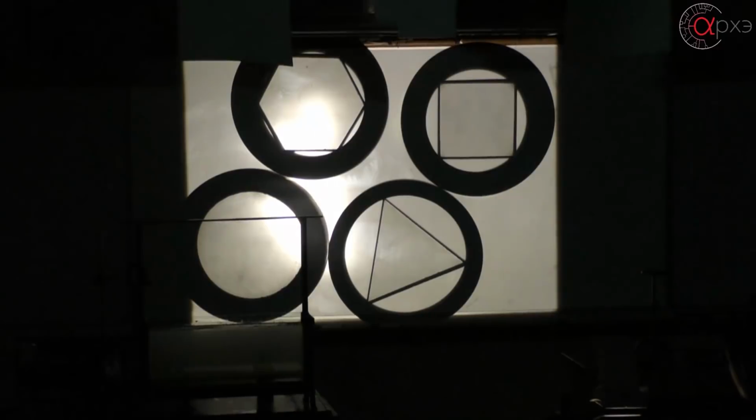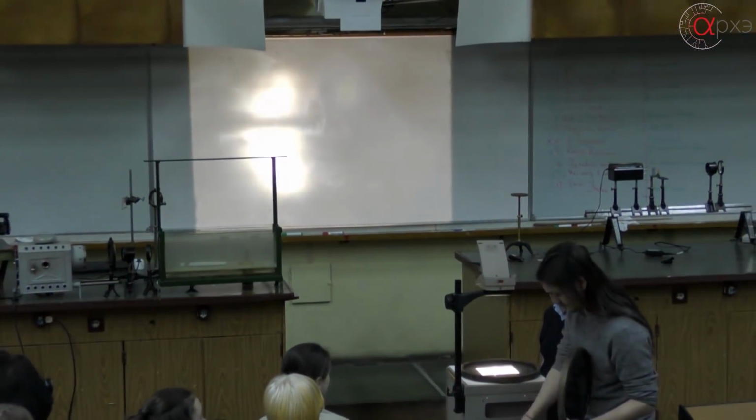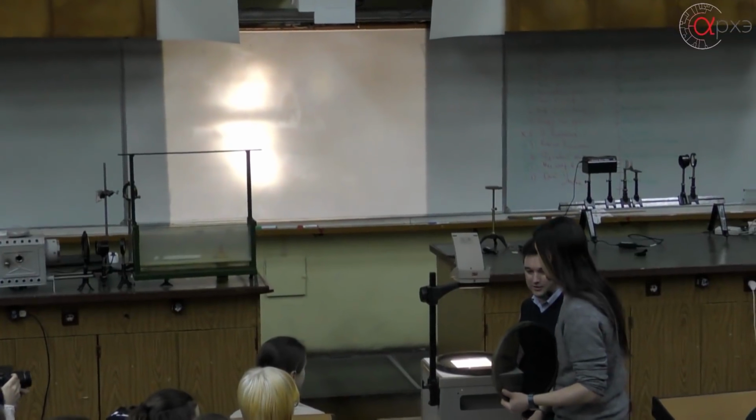Now, let's remove this plastic and make a sandwich of these two pieces of special glass, and rotate them with respect to each other. It's now dark.